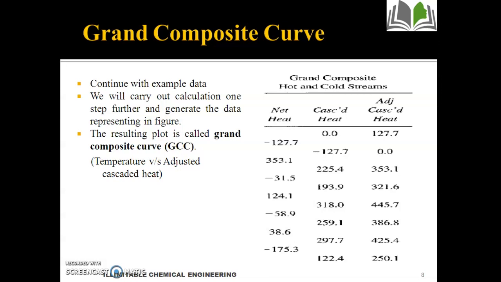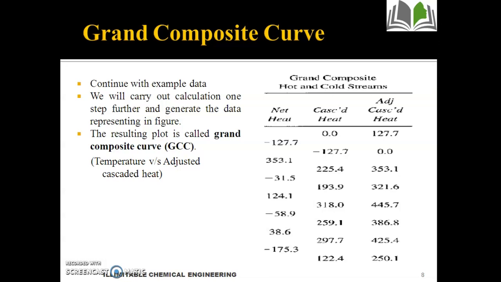Cascading heat again, but starting with this heat input, will make the minus 127.7 of the previous column exactly 0. No entry in the cascaded column is now negative. The point where we find the 0 entry is our pinch point for our problem.